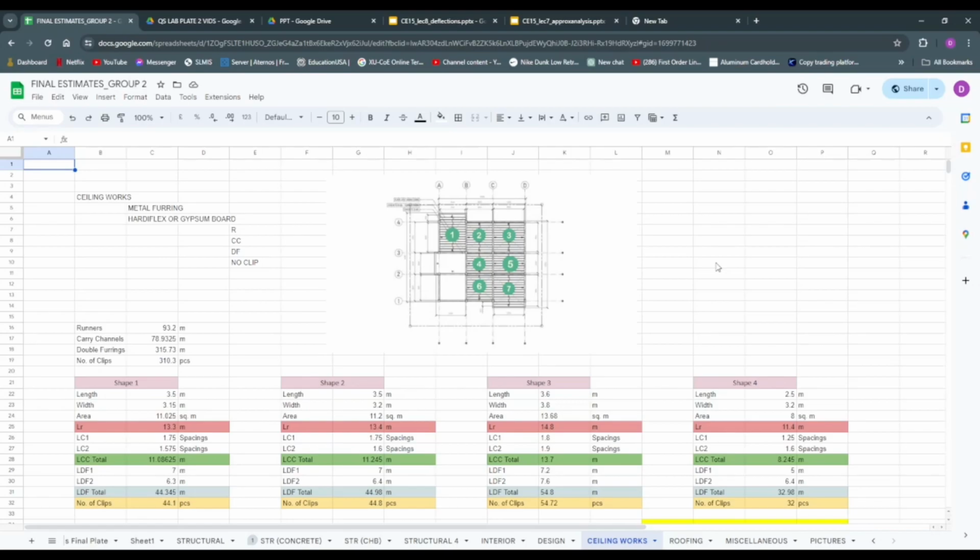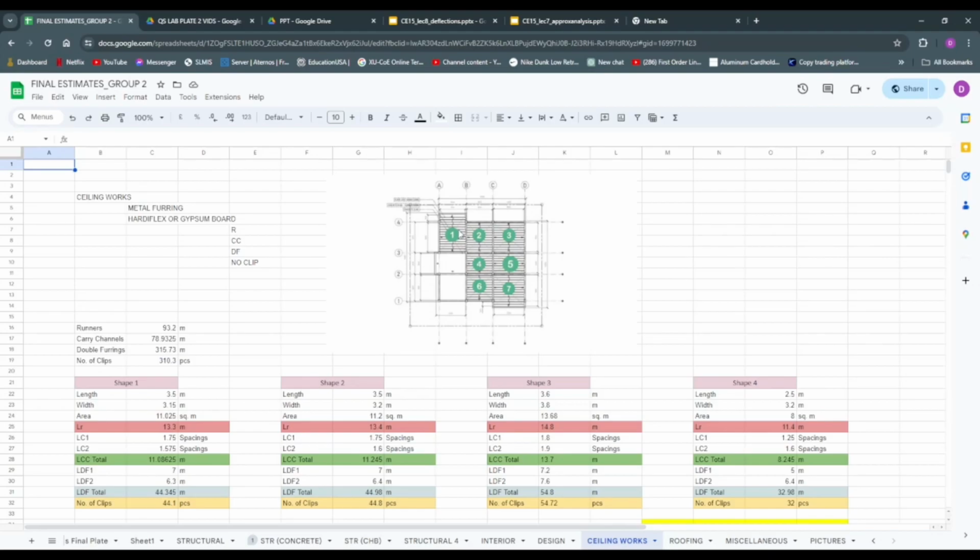A gypsum board or any kind of board has runners, carry channels, double furrings, and the clips. Clips are the intersection of the carry channel and the furrings. To start, here is the ceiling plan, the top view of the ceiling.